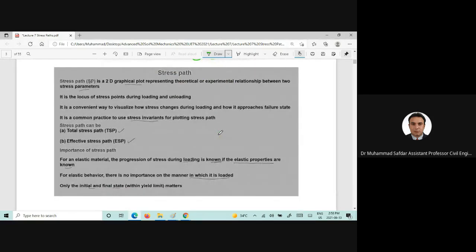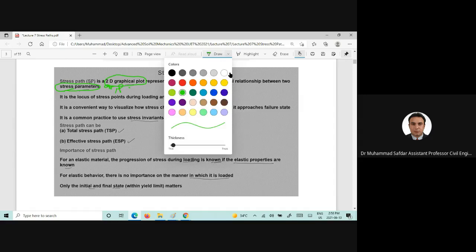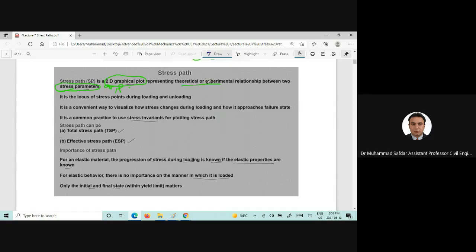Now, the definition of the stress path. Stress path is a 2D graphical plot representing theoretical and experimental relationship between two stress parameters, which are Q and P. It is the locus of stress points during loading and unloading condition, which we will explain in today's class.